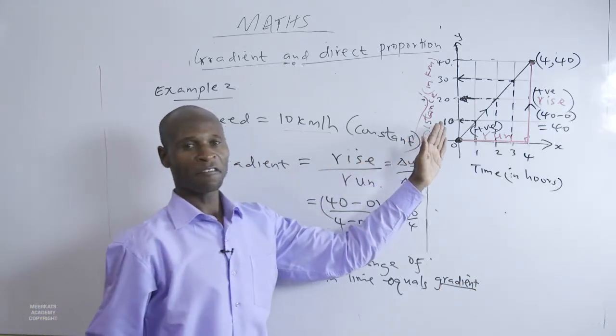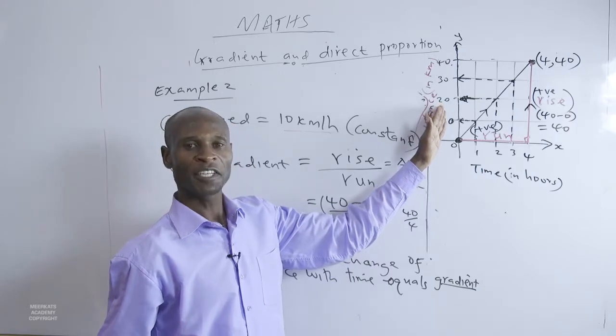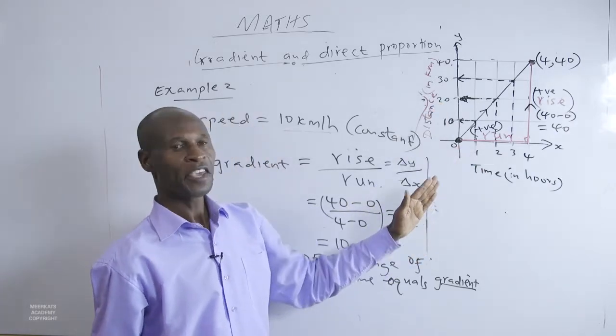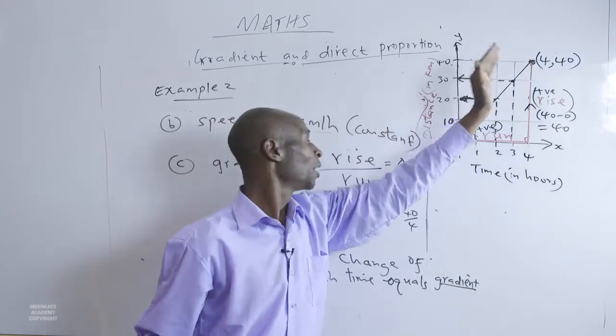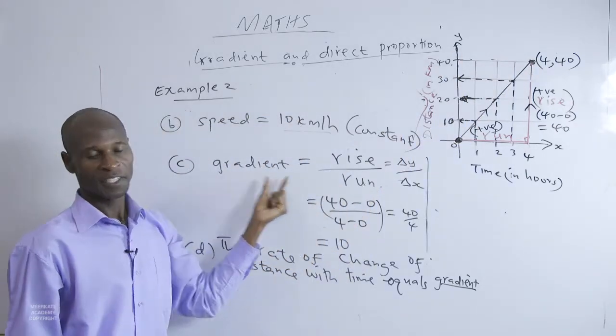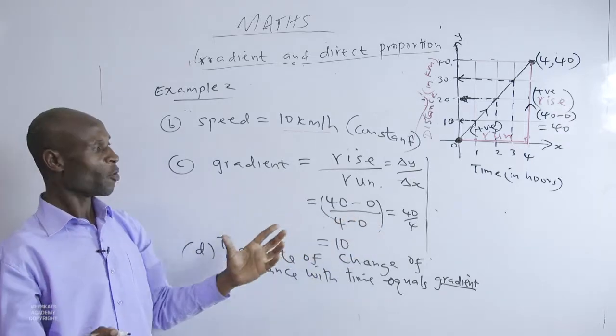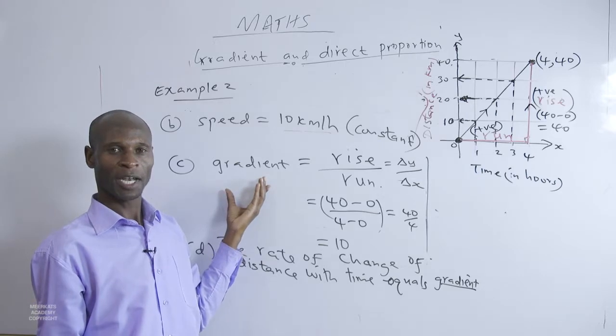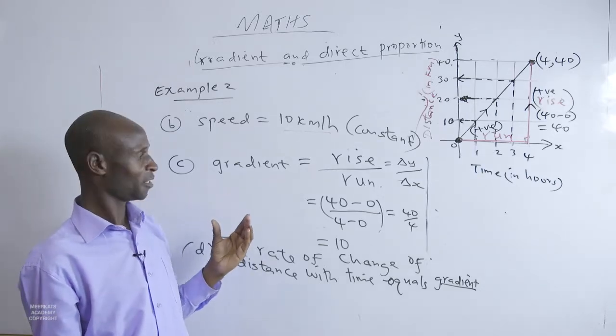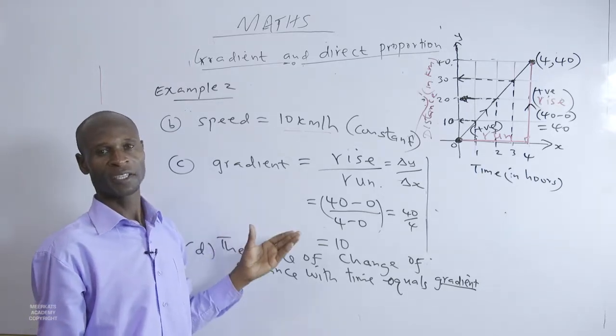And from our graph, the rate of change of distance with the time is in direct proportion. The gradient is a constant, and therefore we can conclusively say that the gradient of a straight line is connected to direct proportion.